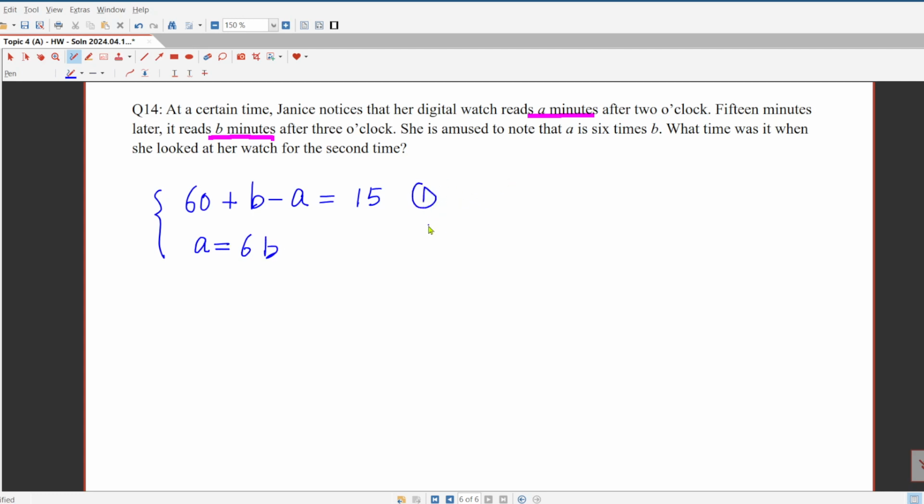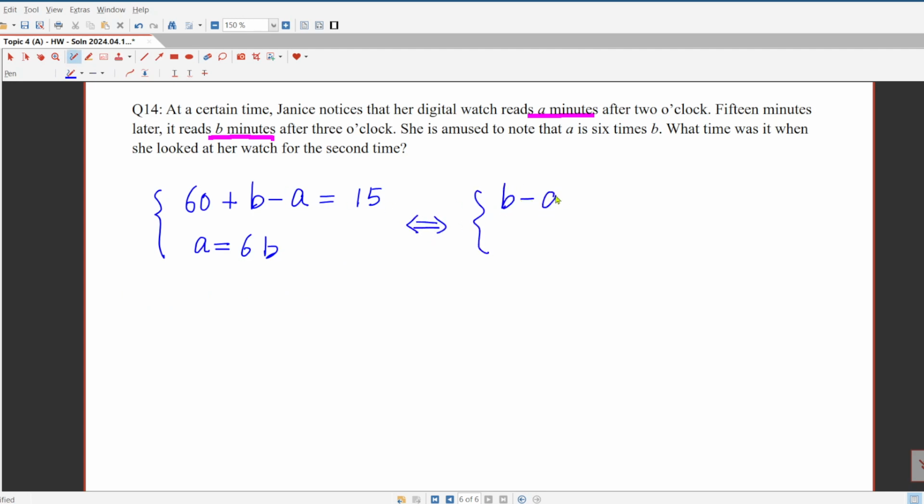So the best way to solve this system is to use substitution. We can substitute A using 6B, right? Which means put equation number 2 into equation number 1. Well, of course, you can actually simplify this equation first, because the first equation is not simplified yet.